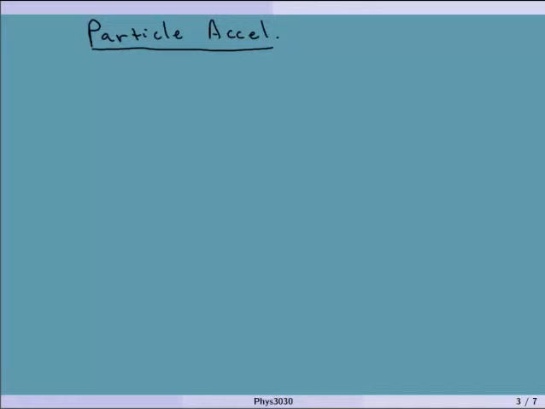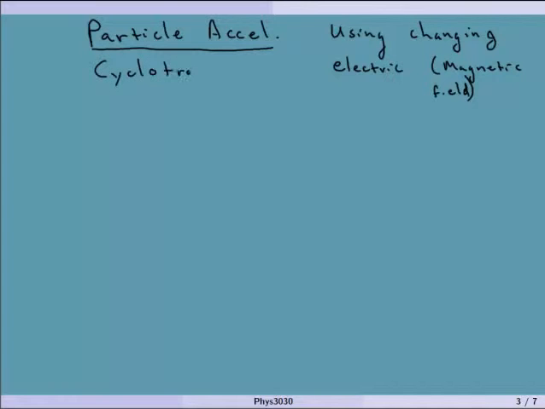you do that by using a changing electric field, or electric field and magnetic field, to pull particles around. Okay, and there are different names and different types of particle accelerators.